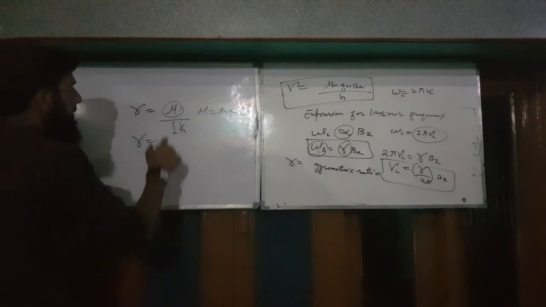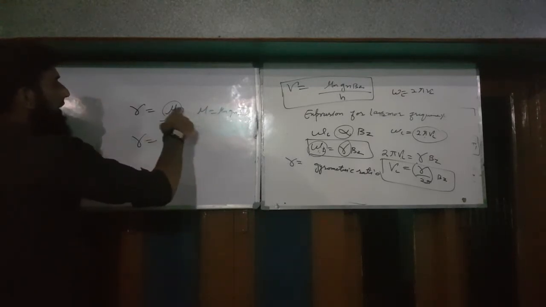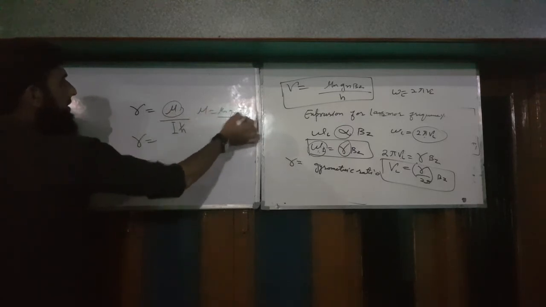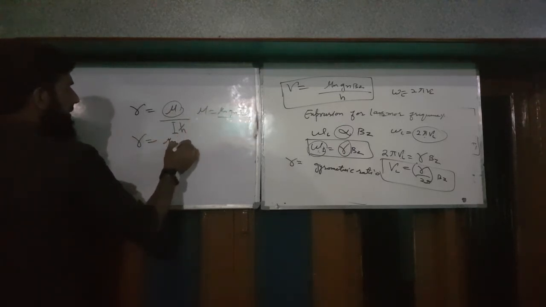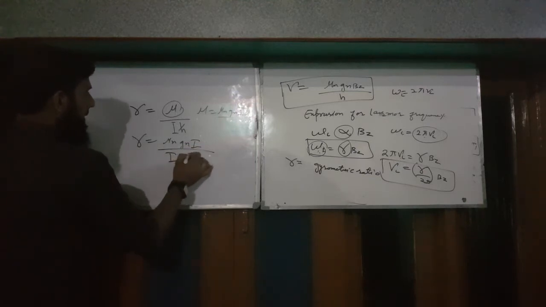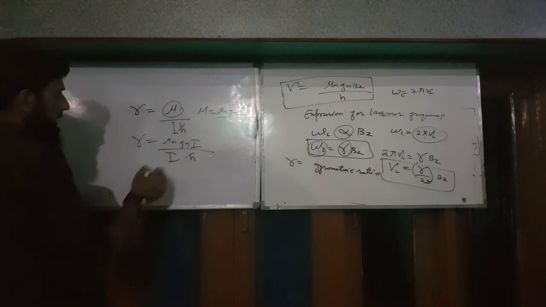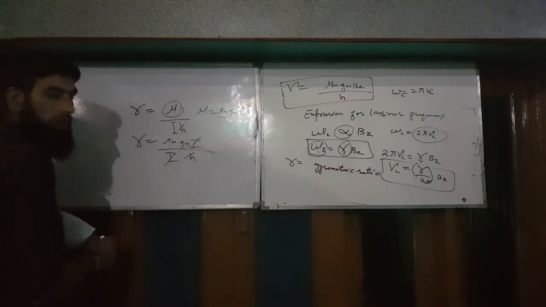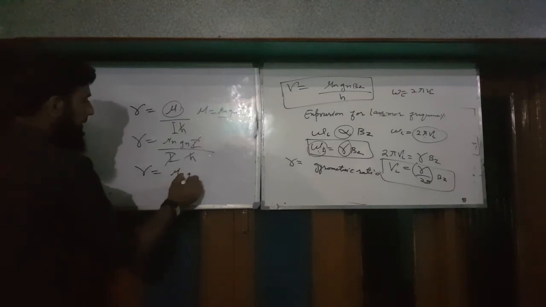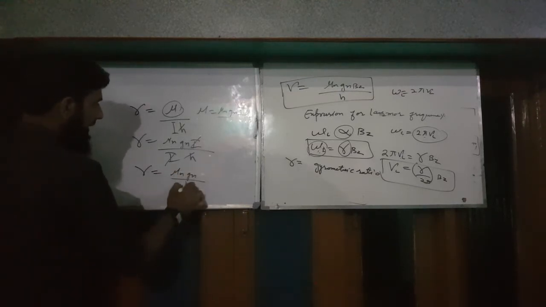We substitute the value of mu in this equation. In place of mu we write mu n gn I divided by I into h cross. This I and I will cancel. What we get is gamma is equal to mu n gn, only gn, divided by h cross.